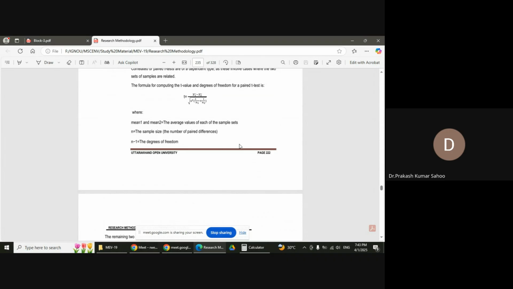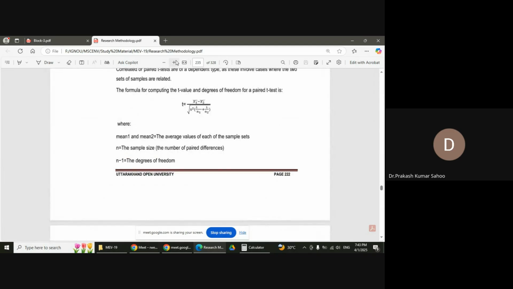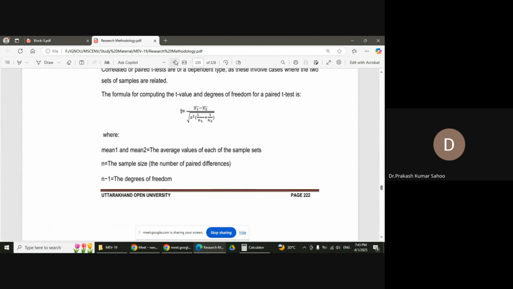So this is the formula for your t test, that is x1 bar minus x2 bar divided by the square root of s square times 1 by n1 plus 1 by n2. So for the t test, we will require the mean and the standard deviation with the number of observations we have made.